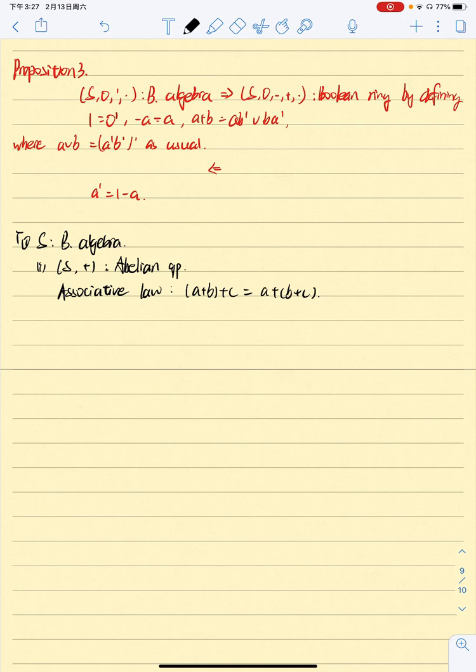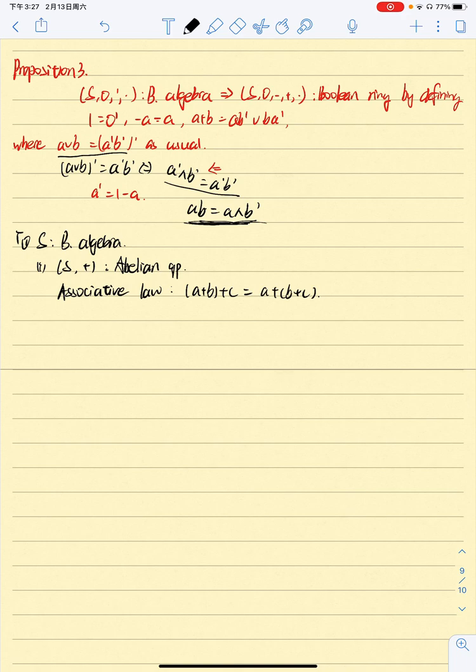Okay, here we notice that A or B prime equals A prime B prime, right? So we have A prime and B prime equal to A prime B prime. So that means A B is equal to A and B prime, right? It will be simpler.